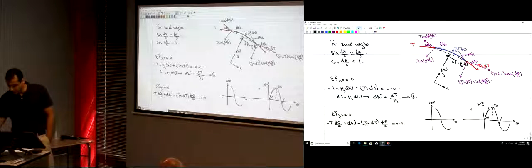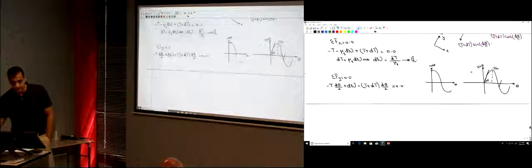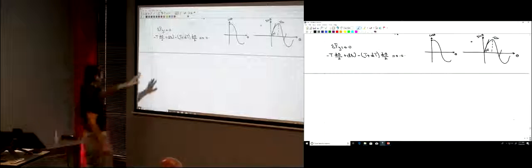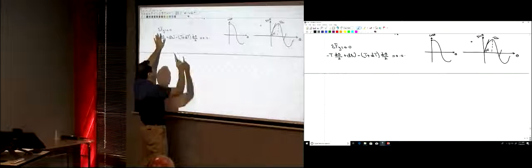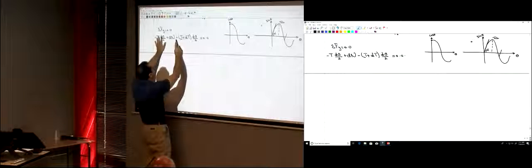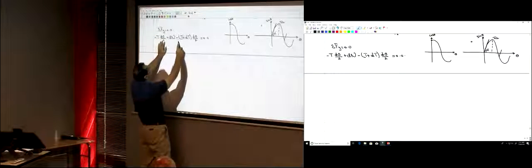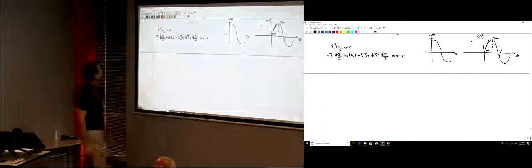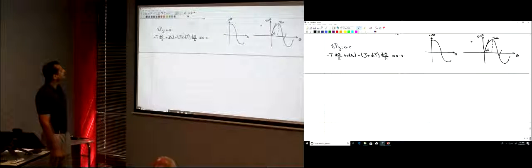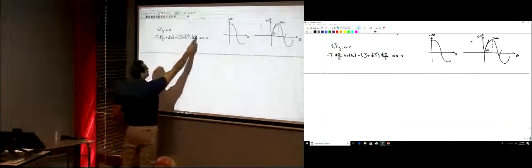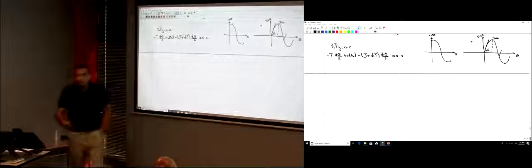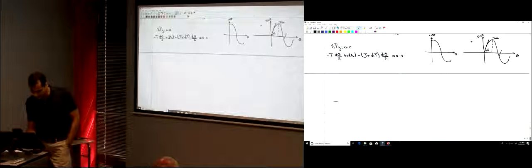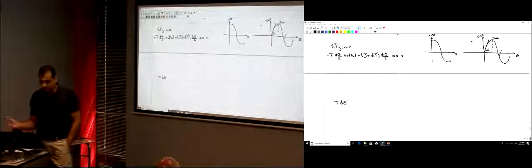So what do we have here? Negative T d theta divided by 2, and negative T d theta divided by 2, both were negative, so this becomes negative T d theta, right?